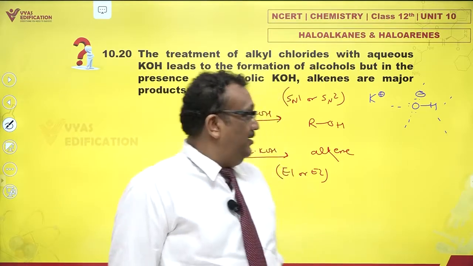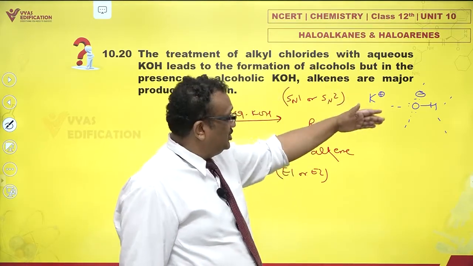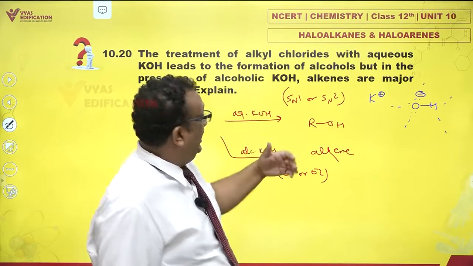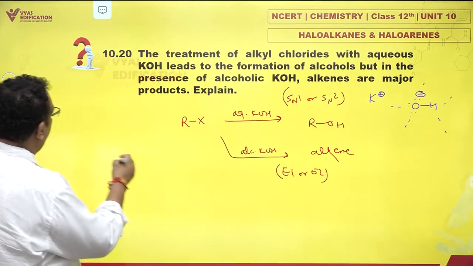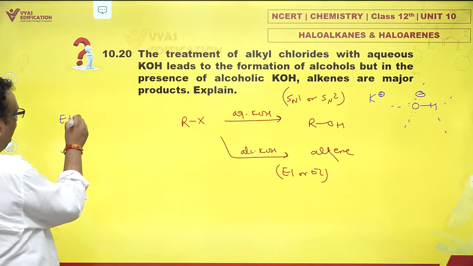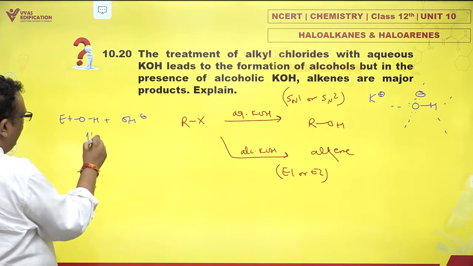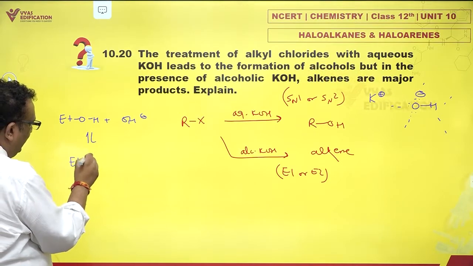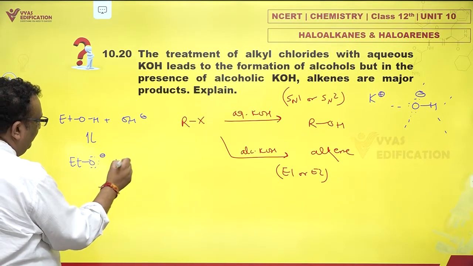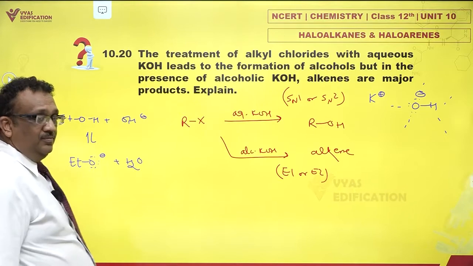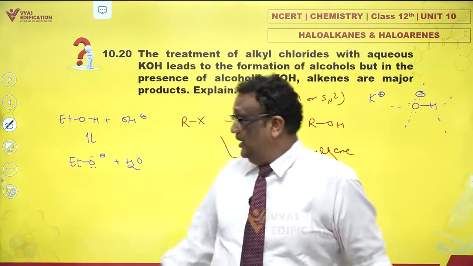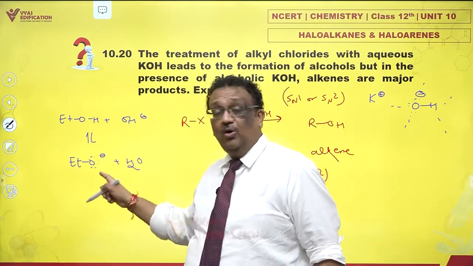Indeed. Now, just shift over to another solvent, alcoholic KOH. In alcoholic KOH, you have EtOH plus OH-, and they form EtO- with H2O. So actually, in alcoholic KOH, you also have alkoxide ions.